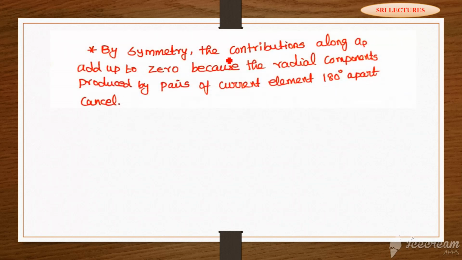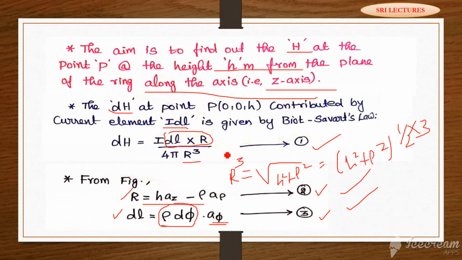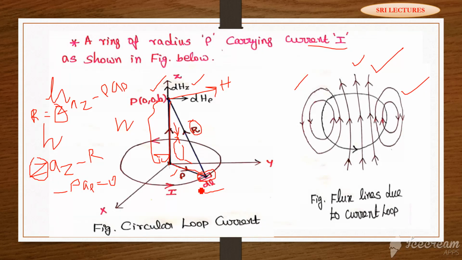By this symmetry, the contribution along a rho adds up to 0 because the radial component produced by a pair of current elements 180 degrees apart cancel each other. While considering this loop, after 180 degree displacement we have the same component corresponding to this point, in the opposite direction, so these two cancel each other.